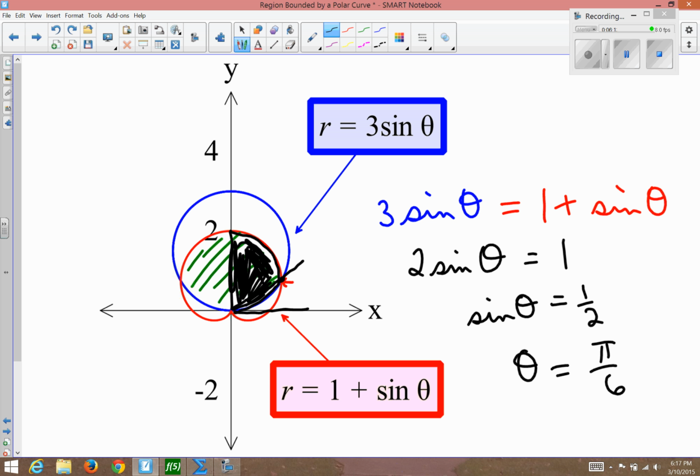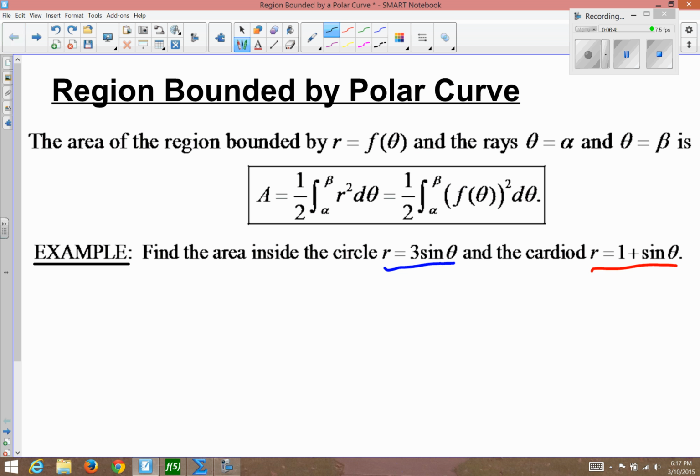So we're going to find the area from the blue from 0 to pi over 6. These are theta values I'm talking about, the 0 and the pi over 6. And then we're going to find the area of the red from pi over 6 to pi over 2. Add those together and we'll get this entire region that's shaded in black. And then we have to double that to get the area of the region that is described in this original question.